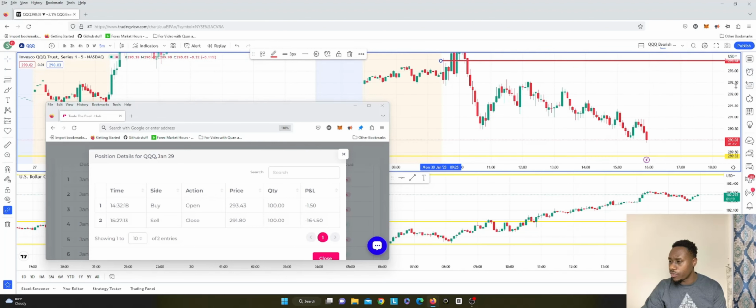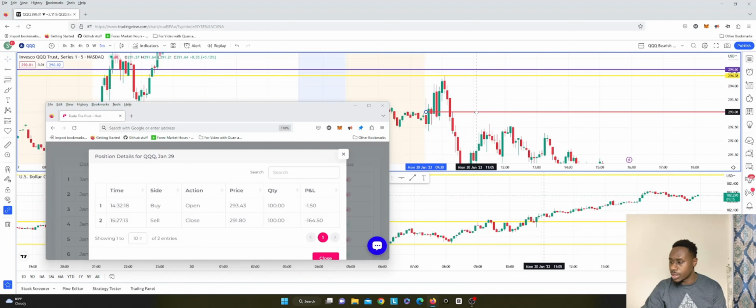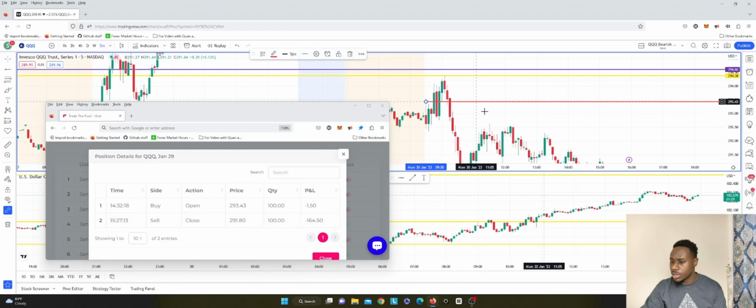Have to move it to get that accuracy. 29343. So this is where I entered on the QQQ to the buy side. And then I got stopped out at 10:27 when it started going rash against me.